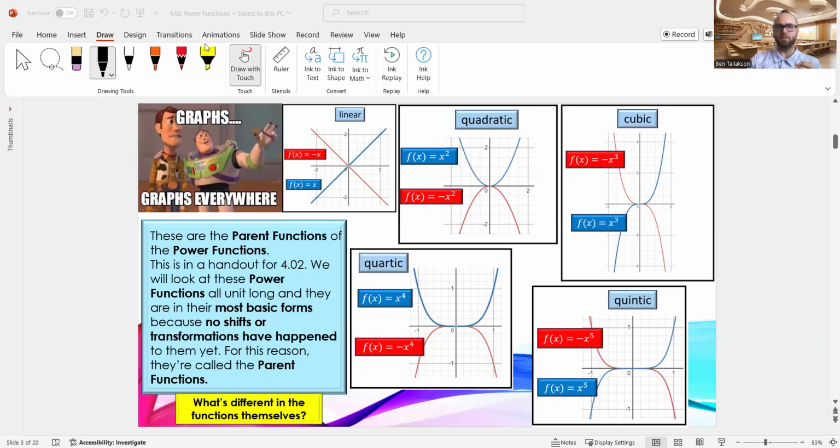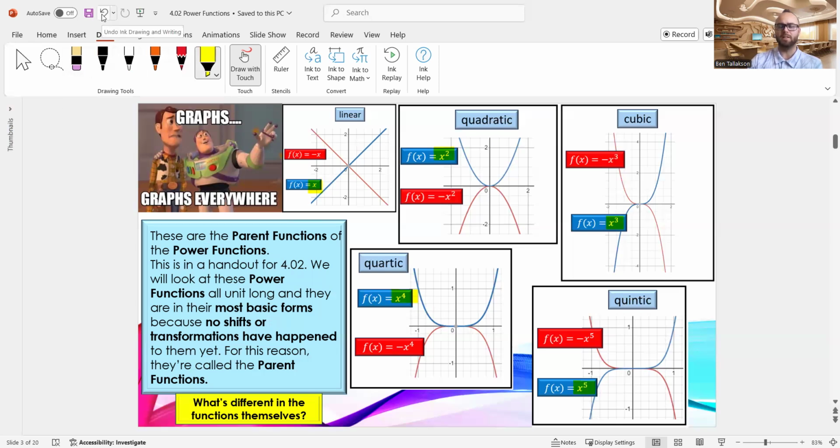If you look at these, you'll see the blue lines are the positive parent functions and the red lines are the negative. And if you look at the function itself, you see f of x equals x squared, x cubed, x to the fourth, and x to the fifth. So the only thing that's really changing in the functions themselves is the exponent, right?